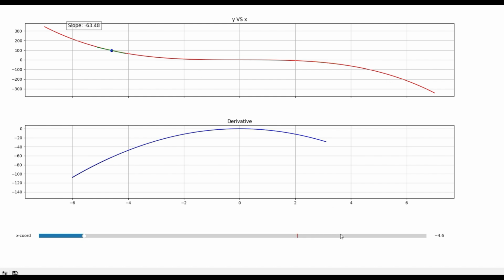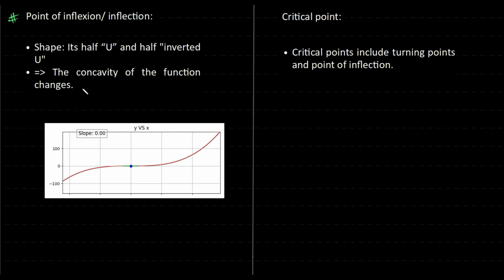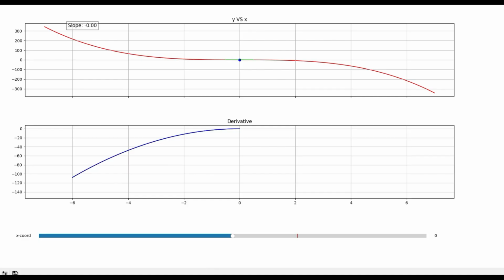Before 0 it was negative, and after 0 it is negative again. You have seen such cases, to be honest. Think about it. Such a point wherein the slope becomes 0, but the concavity of the graph flips. It is basically half U and half inverted U, a combination of that. Such a point is your point of inflection. Here is a slope of 0, but for this graph it's positive, and here too it is positive. The slopes are positive.